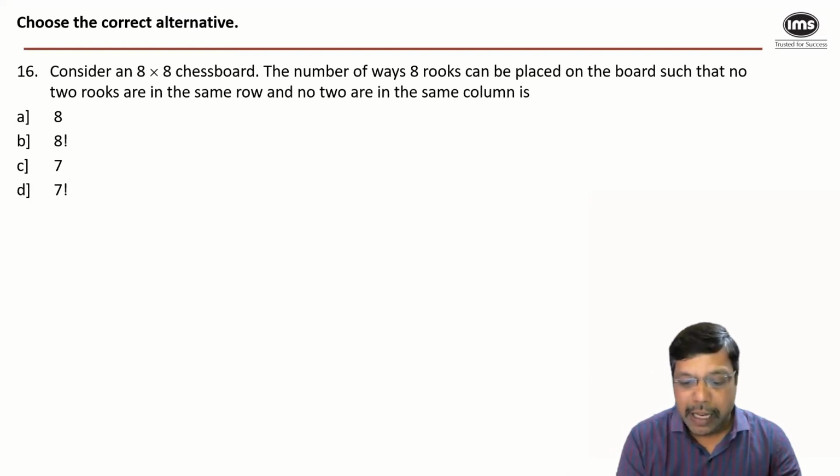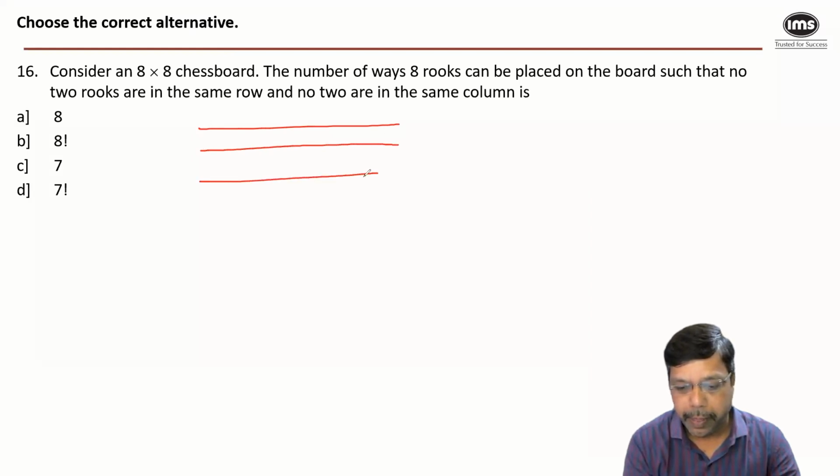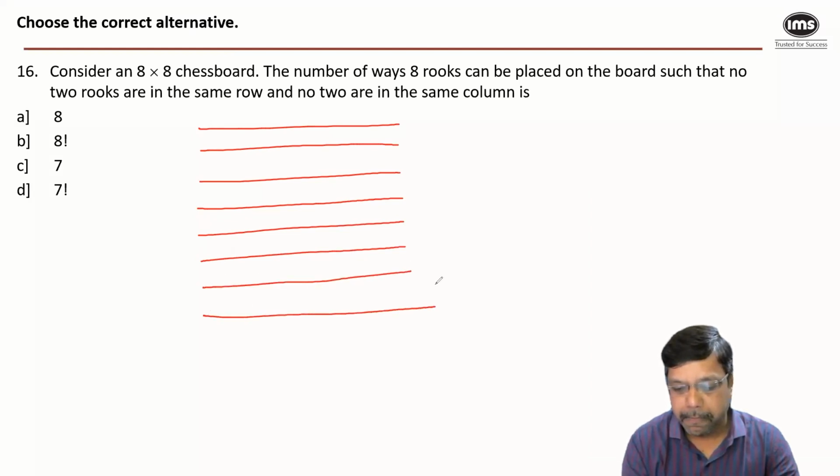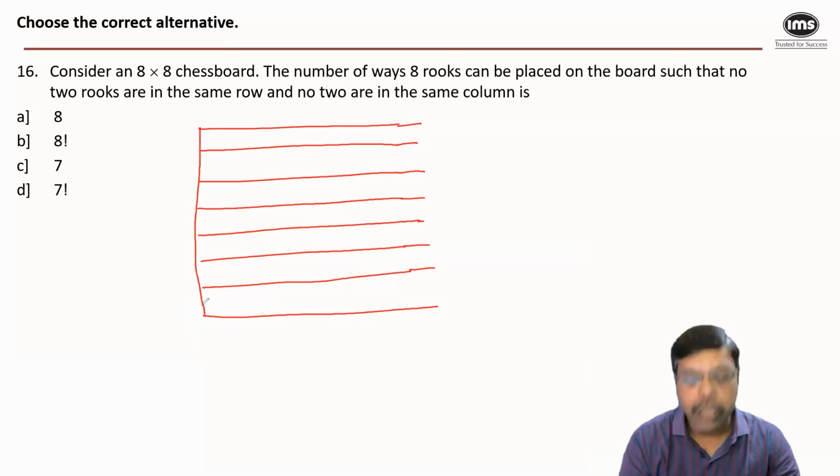Meaning, now if I take a chessboard of 8 by 8, now, of course, this is only for your understanding. In the exam, I don't think you should draw the chessboard. You should visualize.